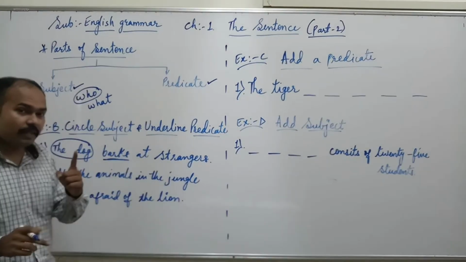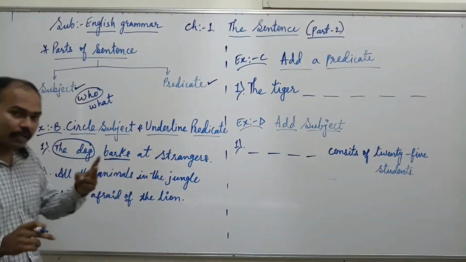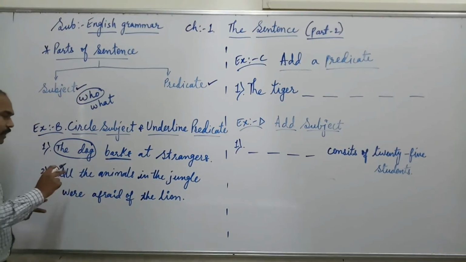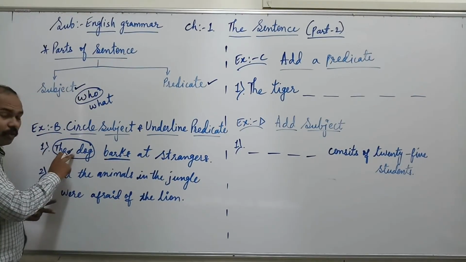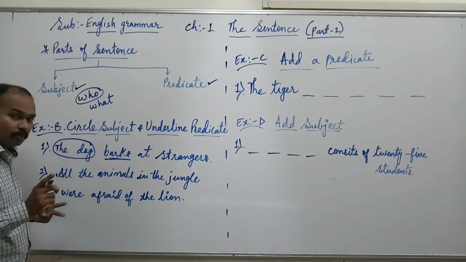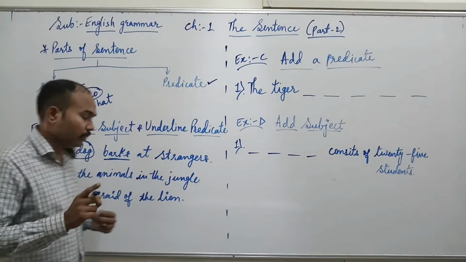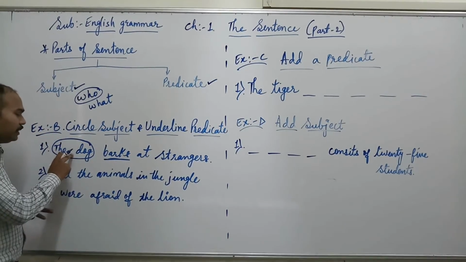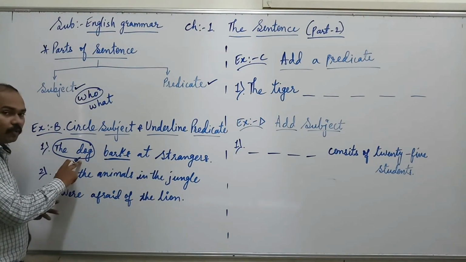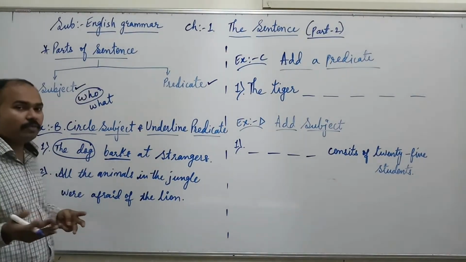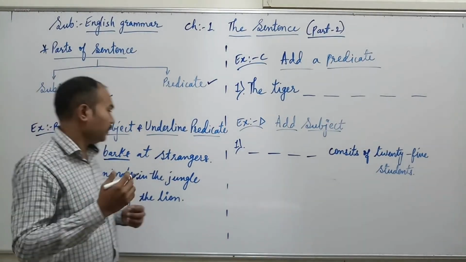This is the first way. Another way is that the subject is either a noun or a pronoun. So over here the dog is what? It is a common noun. Third thing, your subject is at the very beginning of the sentence. So in this way you can identify the subject.